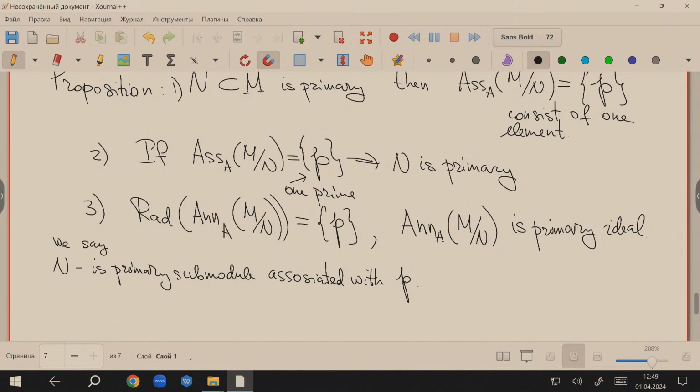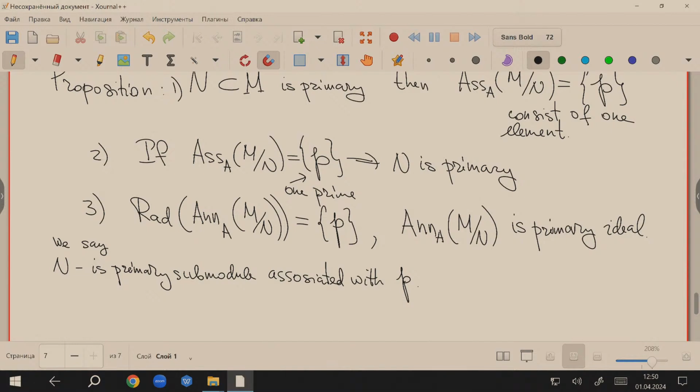Also, of course, you may ask me about this definition, which is a little bit strange, because everything I'm saying is formulated in terms of the quotient. So this is precisely the property of the quotient, not of the module itself. But why are we calling N a primary submodule? We're interested in N and not in the quotient.